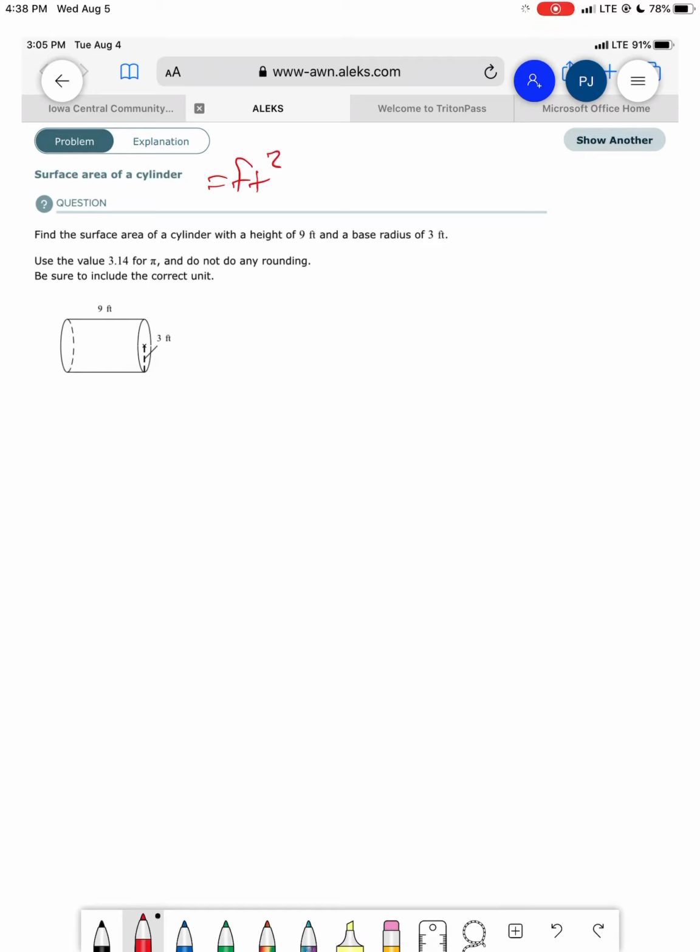Let's go back to when we're just kind of playing around and I have this piece of paper. That's a rectangle. And what's the area of a rectangle? Well, we often say that the area of a rectangle is base times height. Now, imagine we take that piece of paper and we roll it up into a tube.